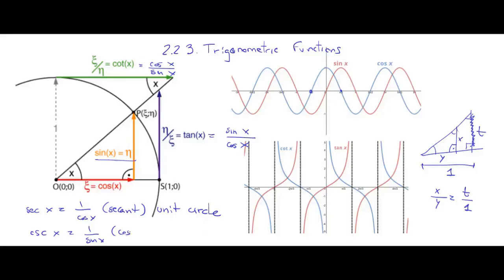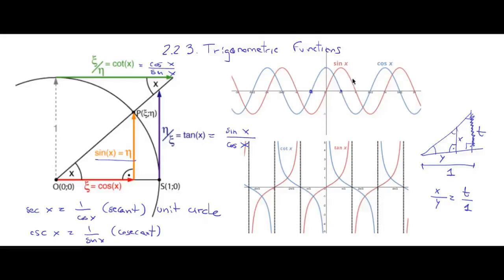They are useful because it's sometimes easier to write a secant instead of 1 over cosine, and they'll appear prominently when we deal with integrals later in the course. So that's the geometric definitions.